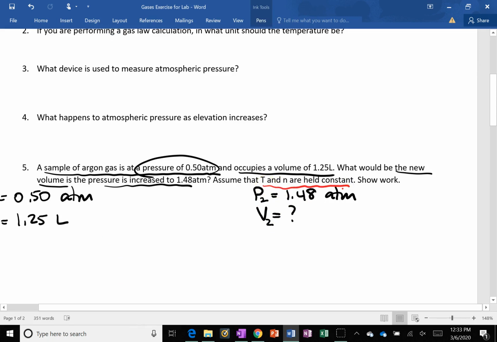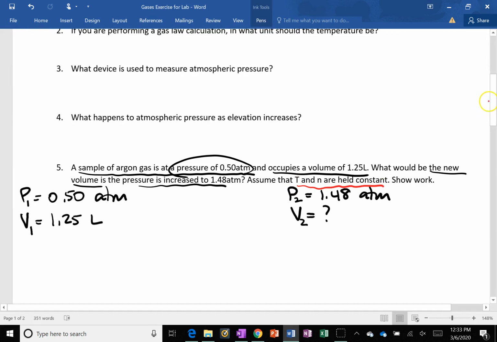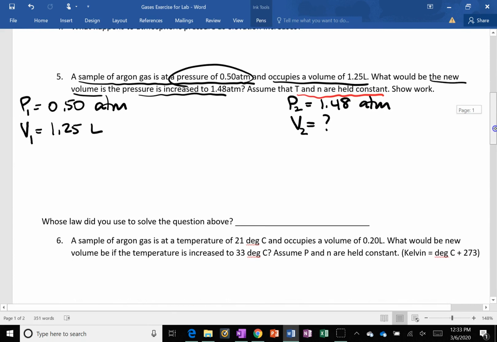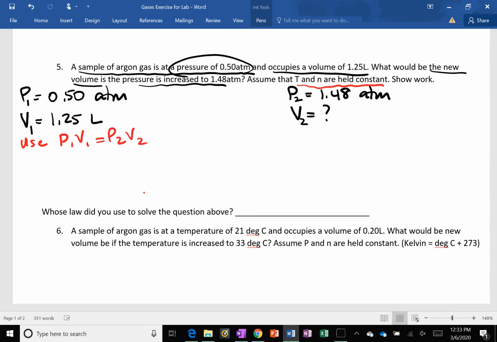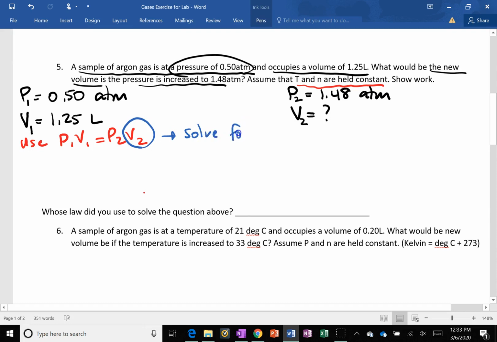So what that means is that we need to look at the relationship between pressure and volume. So we're going to use P1 V1 is equal to P2 V2. And what we don't know is V2. So we need to solve this for V2.